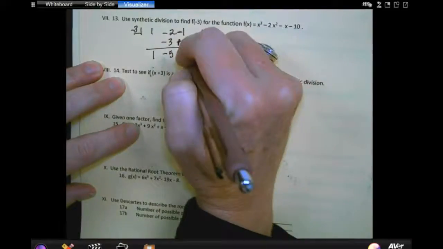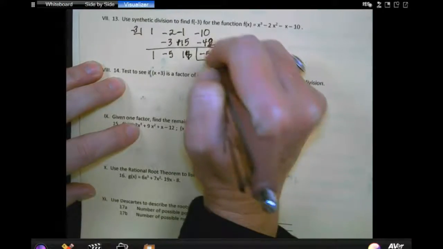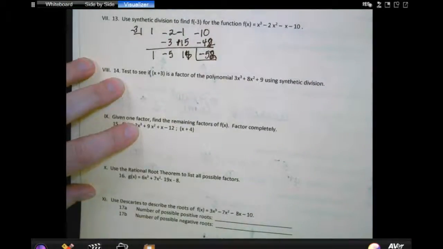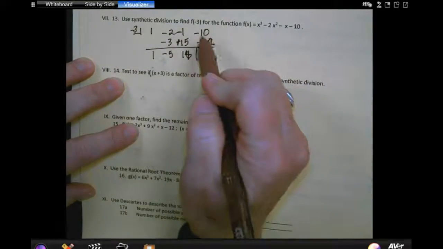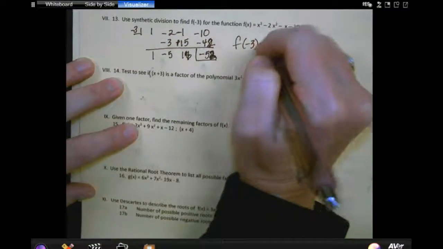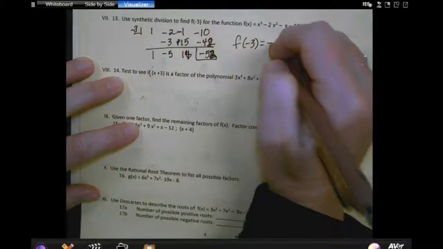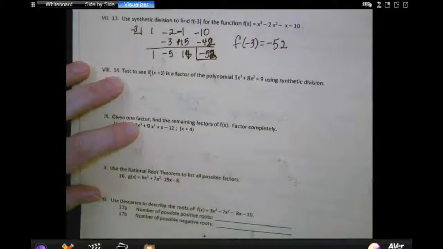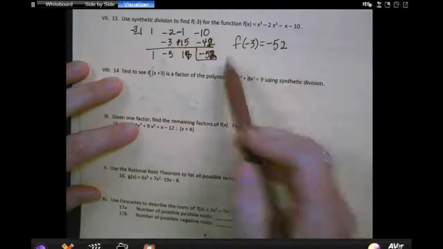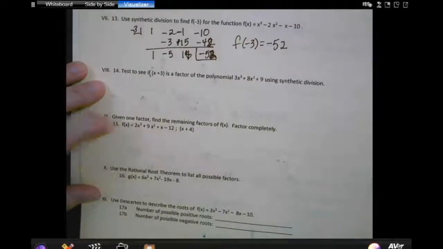So it's a positive 14, and this is 42. I was going to say, this needs to be 52. All right, so it's negative 52 here. So when it asks f of negative 3, what's the answer? Because that's what it's looking for. It's the negative 52. So this is the point on the polynomial. It's the point negative 3, negative 52.